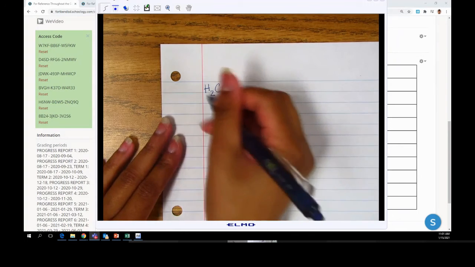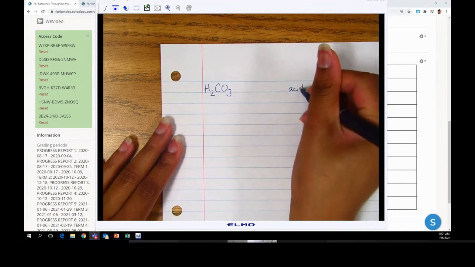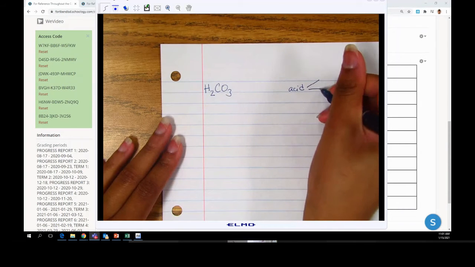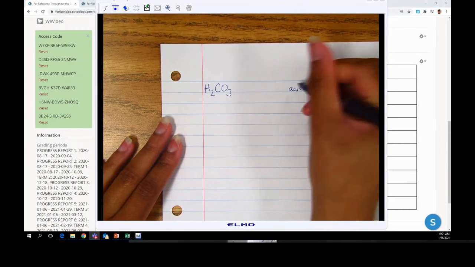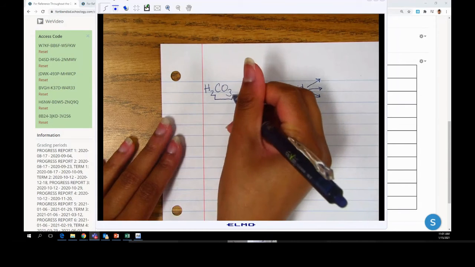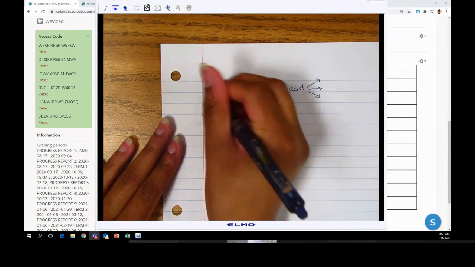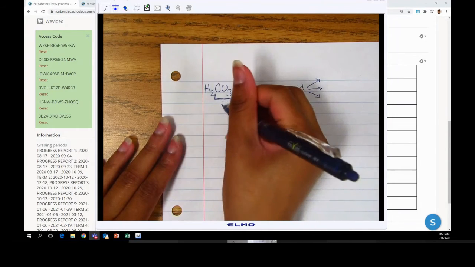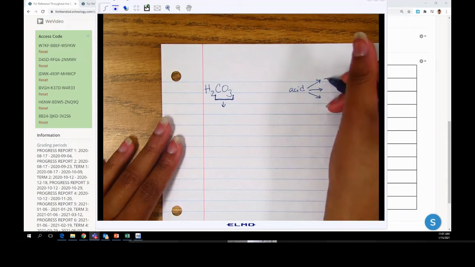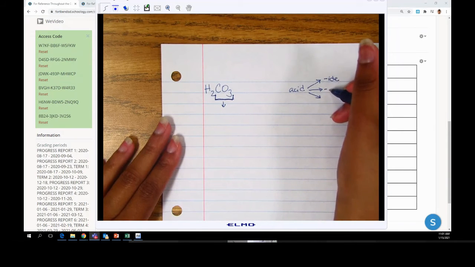We've got to think about what our naming rule is going to be. Does the anion, so the CO3 here, everything except for the H and its subscript, end in "ide," "ate," or "ite"?